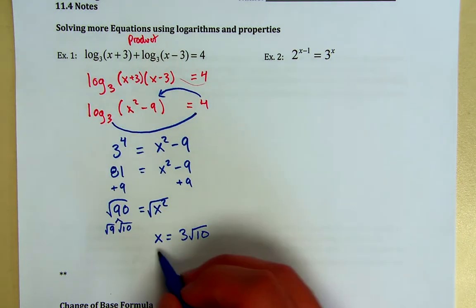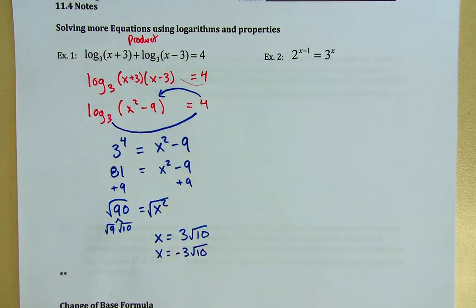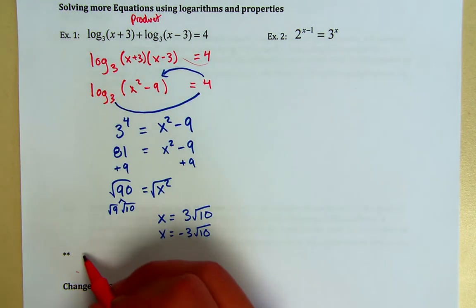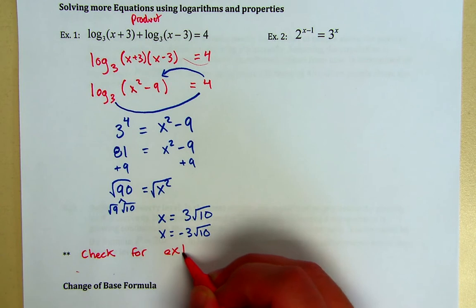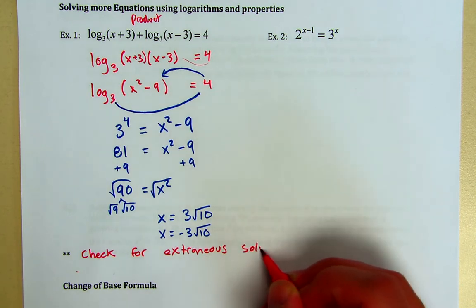Now yes, technically you also have x equals negative 3 square root 10. But here's where we have our little star down here. When we are solving logarithms, you need to check for extraneous solutions.